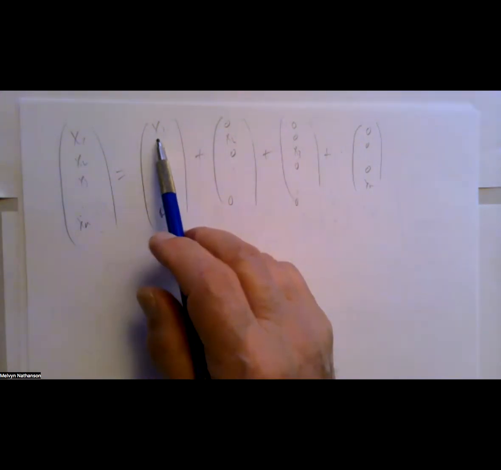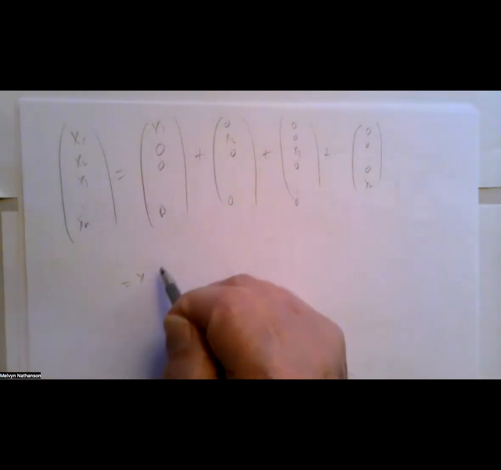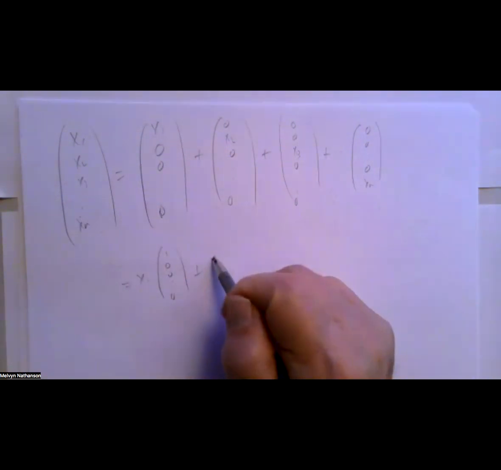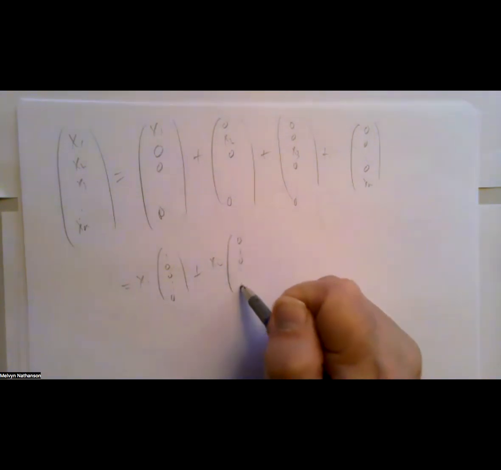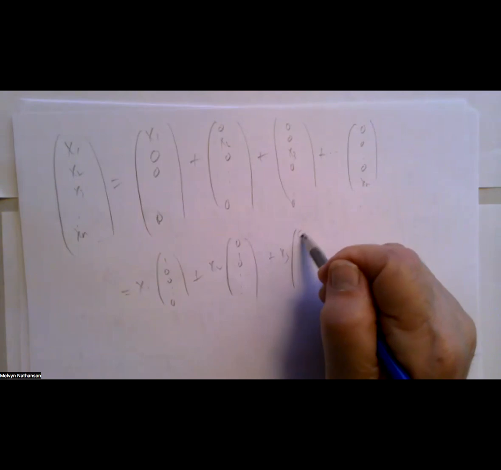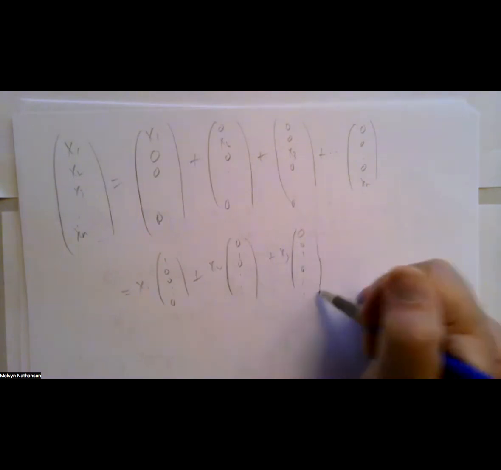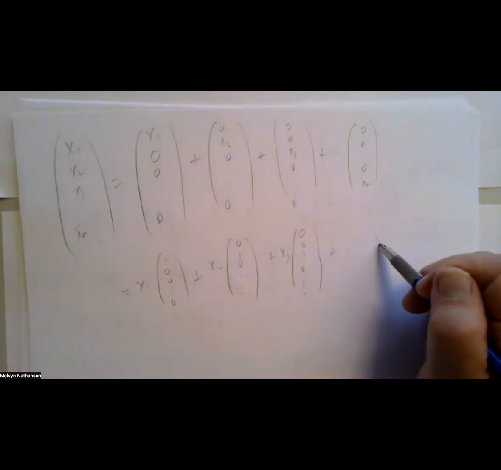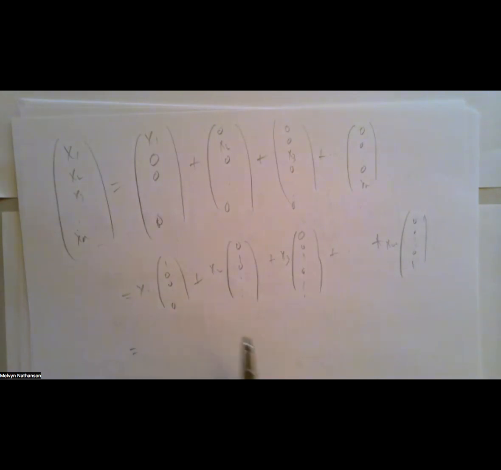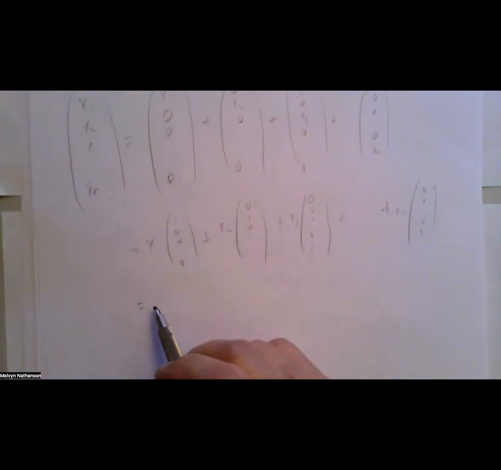But I can take this x1 out. I can write this as x1 times the vector 1, 0, 0, and this is x2 times the vector 0, 1, 0, and this is x3 times the vector 0, 0, 1, and then zeros, and so forth, down to xn times 0, 0, 1. So another way of writing this is using these special vectors.